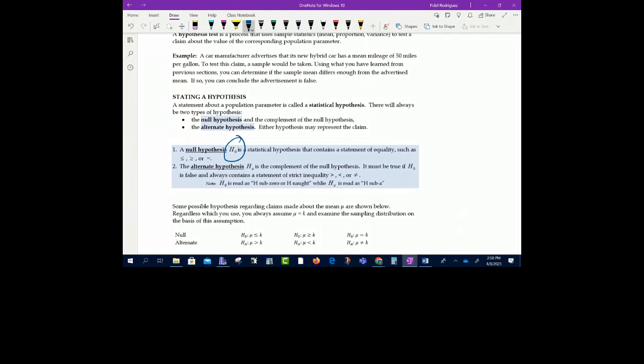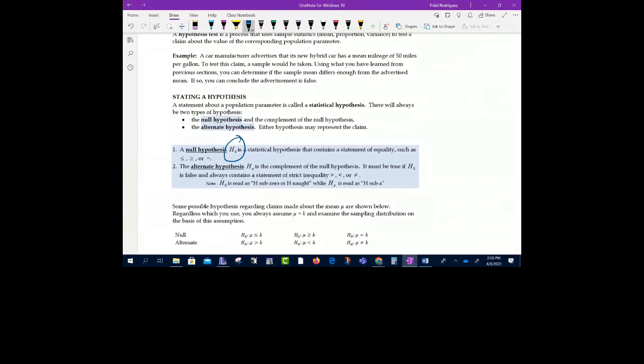You want some strong pressure. So we might say the average flow rate of the water coming out of that shower head is 3.5 gallons a minute. If it says it is, that means it is equal to, or you might want to say it is less than or equal to 3.5. But there has to be some kind of equality in the null hypothesis.